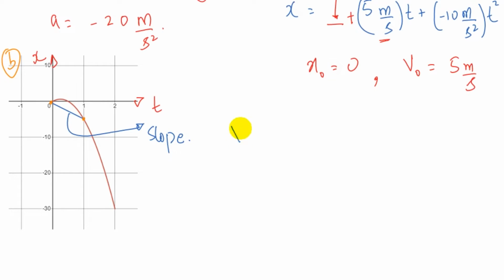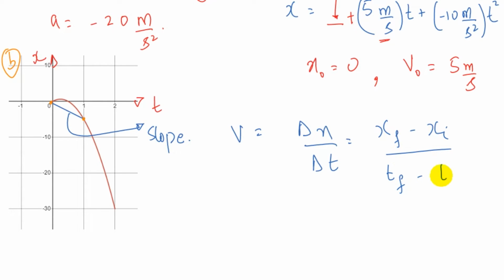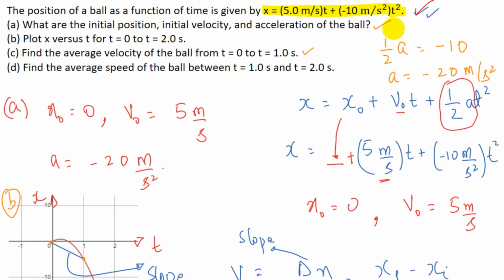We can write that average velocity is equal to delta x over delta t. This way also we can find it. So this is xf minus xi divided by tf minus ti, and this is nothing but the slope. It's one and the same thing, this delta x over delta t. Now the final position we can find by putting t equals 1 here.